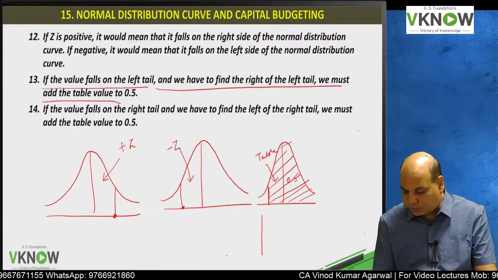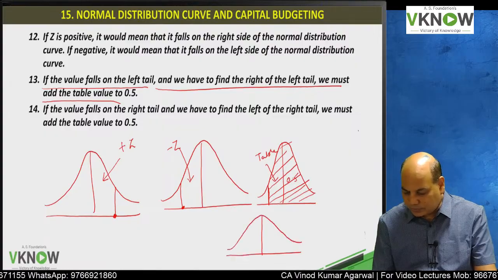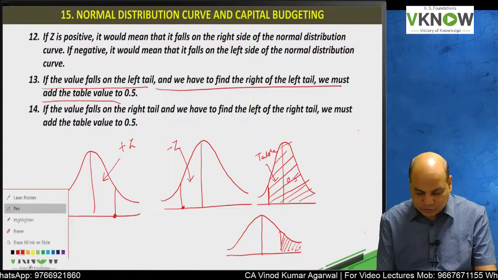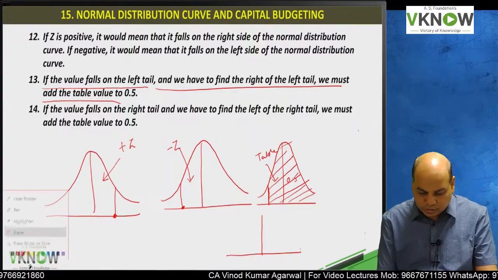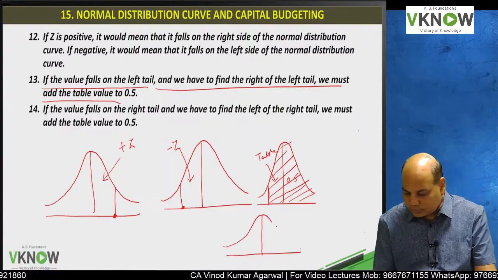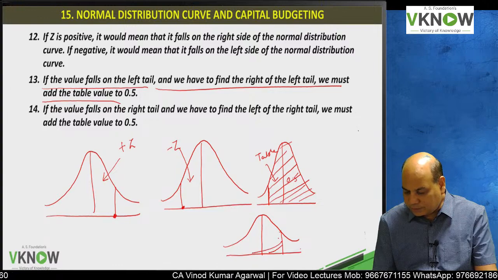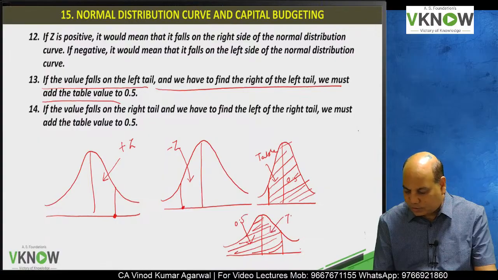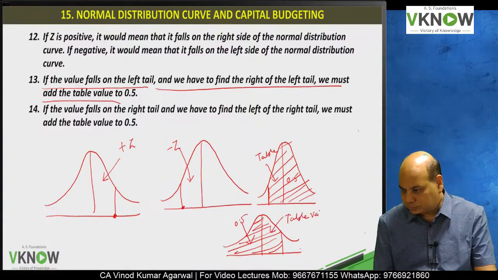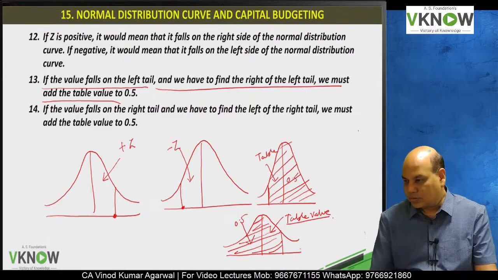And if the value falls on the right, and if we have to find left of the right tail, this area, then we have to add 0.5 to the table value. Is it right?